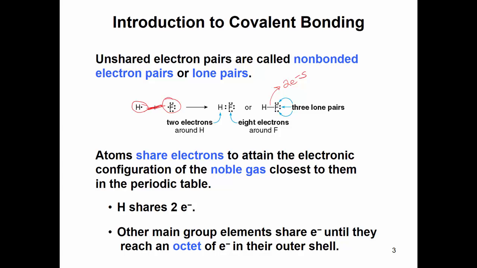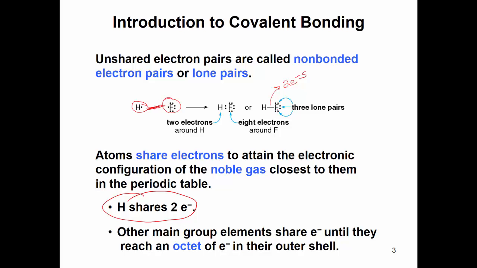Atoms are going to share electrons so that they can obtain a noble gas configuration. We've been saying that over and over, same thing with our ionic compounds. Hydrogen only wants to have two electrons around it, because we know it's the first element and it just needs one electron to be like helium.